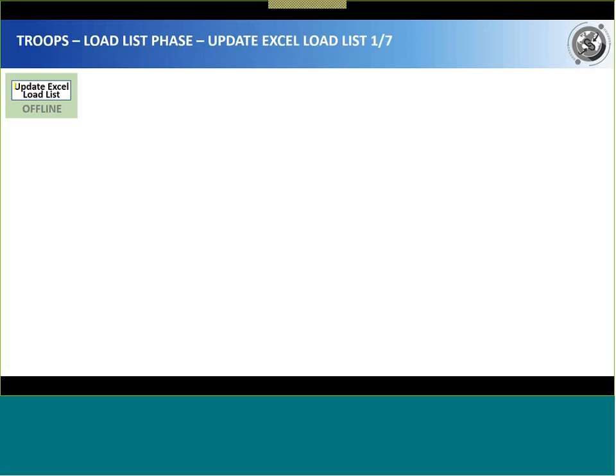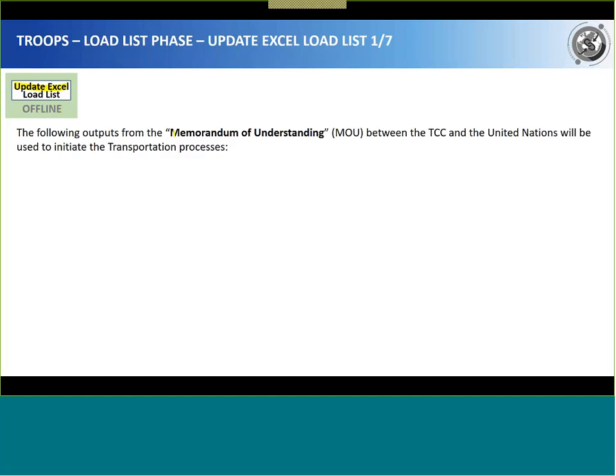So the first step will be to create this Excel load list, and this Excel load list is a summary of the different outputs from the memorandum of understanding between the troop contributing country and the United Nations. Basically, we are using the two following documents. We are using information contained in the passenger flight manifest together with the information contained in the cargo list.